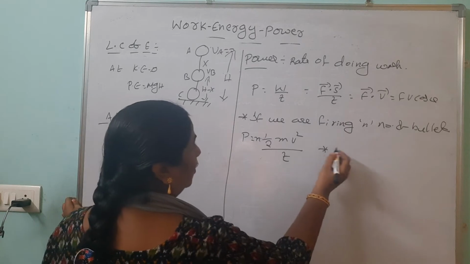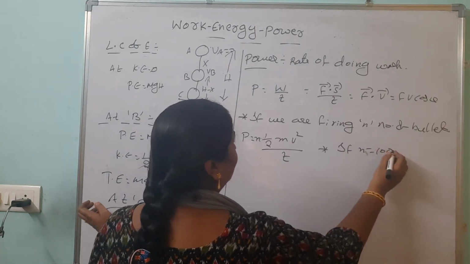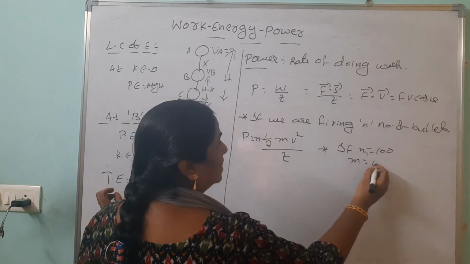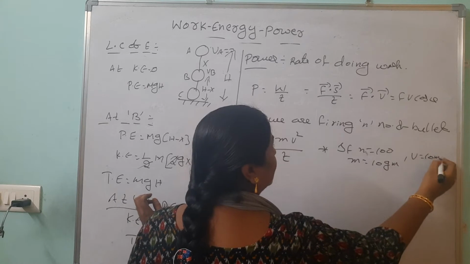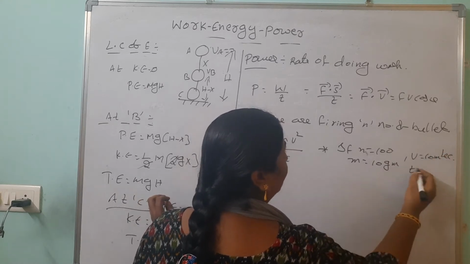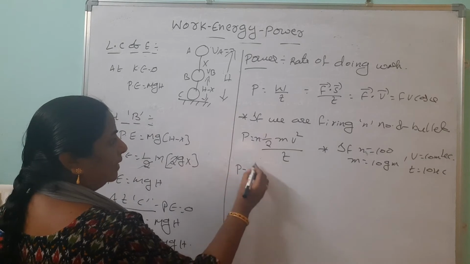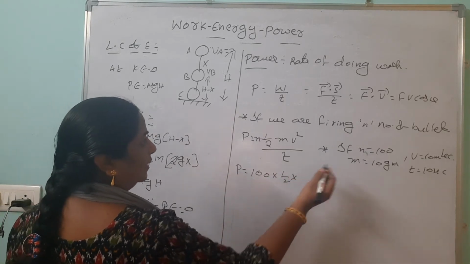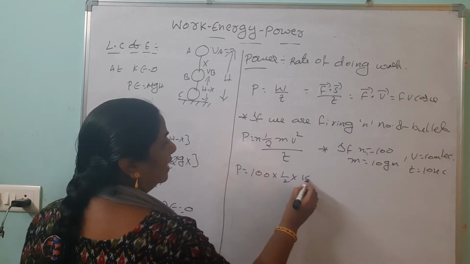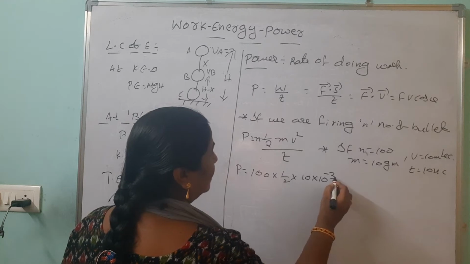Suppose we do one problem here. If n equals 100, each bullet mass is 10 grams, velocity equals 10 meters per second, and the time equals 10 seconds, then how to find the power? Simply you can write it as 100 into 1 by 2 into mass of each one, which is 10, but we must convert into SI system, 10 to the power of minus 3.